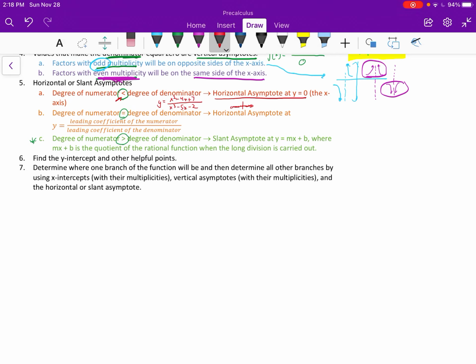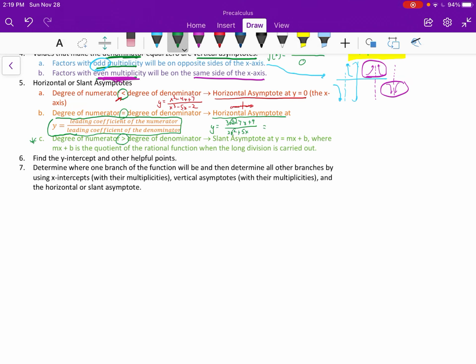The next part here, the degree of the numerator equals the degree of the denominator. Well, if they're equal to each other, you're going to have a horizontal asymptote again, but this time it's going to be at y equals the leading coefficient of the numerator divided by the leading coefficient of the denominator. So, for example, if we had y equals 3x squared minus 7x plus 9 over 2x squared plus 5x, the degrees are the same.